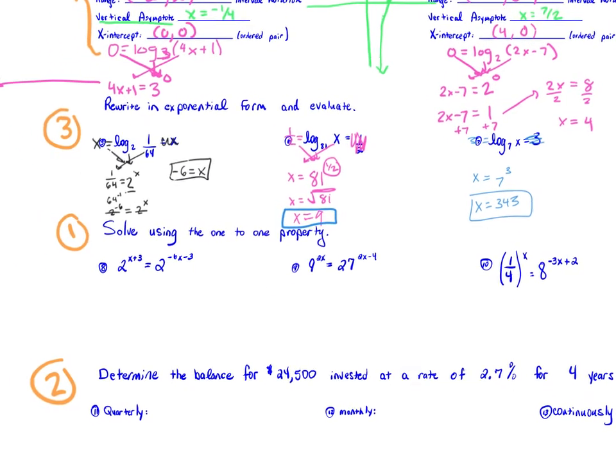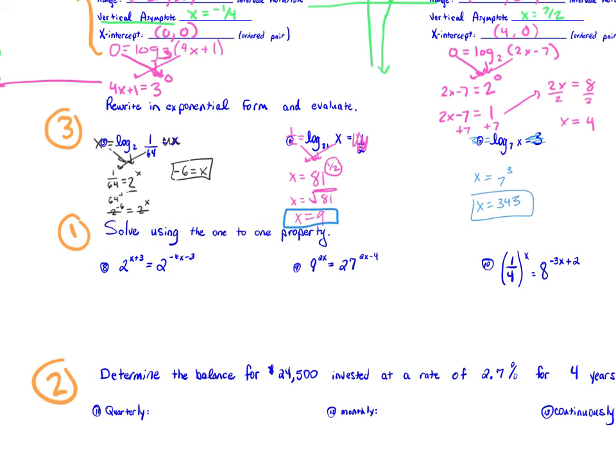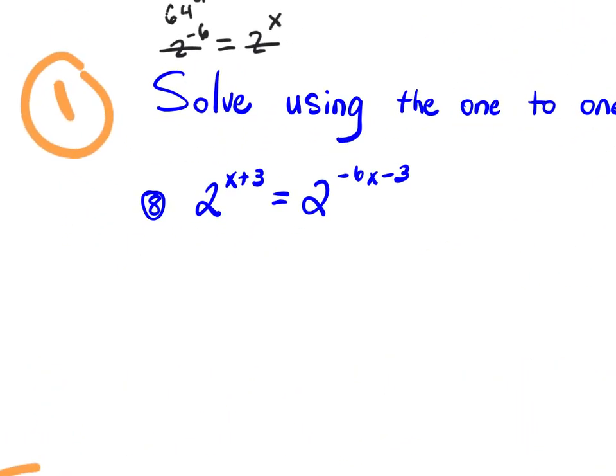All right, you're going to have 1 using the 1-to-1 property. So when our bases are the same, we can cancel them out and just set the exponents equal to each other. So x plus 3 is equal to negative 6x minus 3. And then we just solve for x. So I'm going to add 6x to both sides.